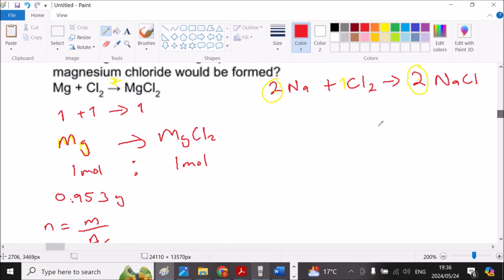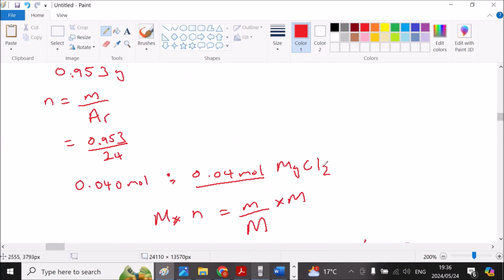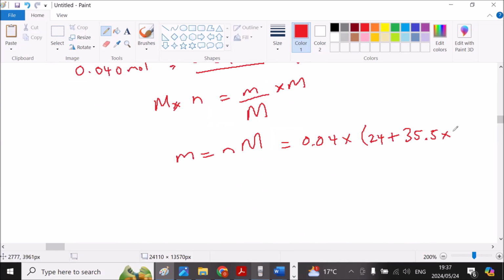Remember, this is MgCl2. So we go to the periodic table. Magnesium is 24 plus chlorine is 35.5. But there are two chlorines here because there is this 2 there. So it's 35.5 times 2.